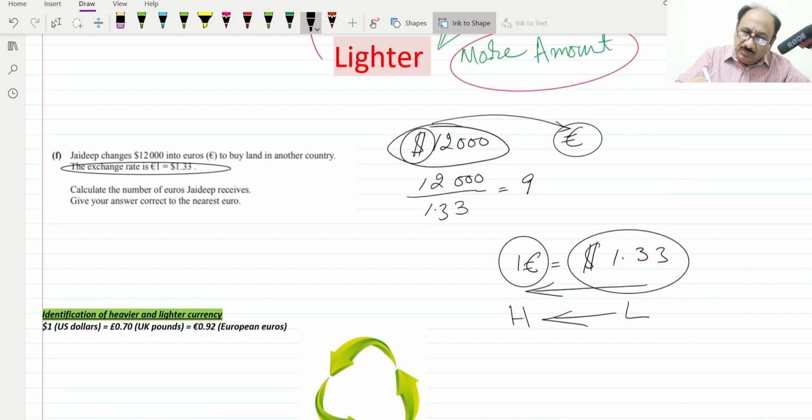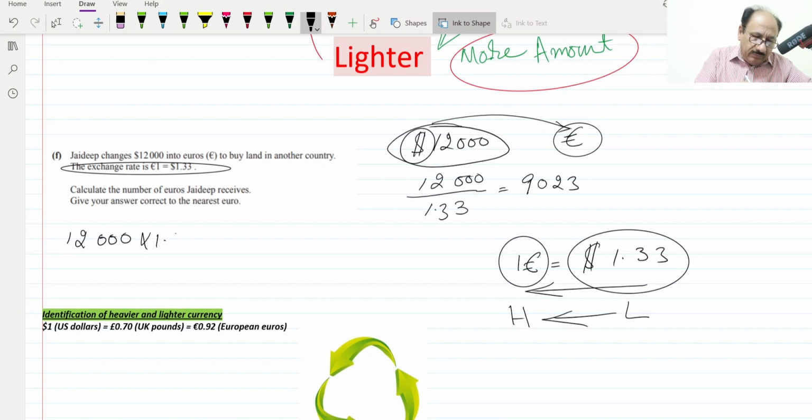Our answer will be 9023. Now in the exam, if by mistake, instead of dividing by 1.33, you have multiplied by 1.33, then you can do the logic check. So I will make that mistake over here.